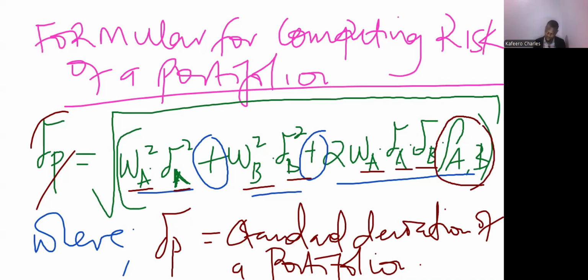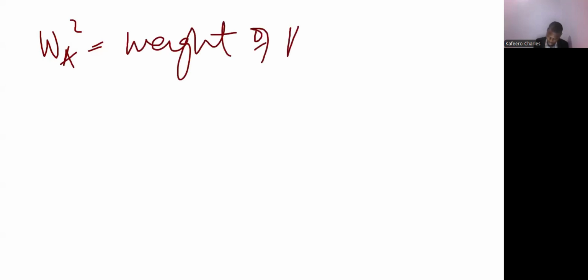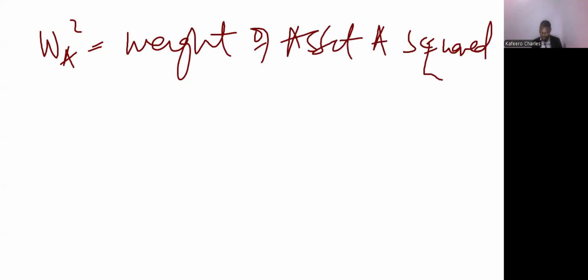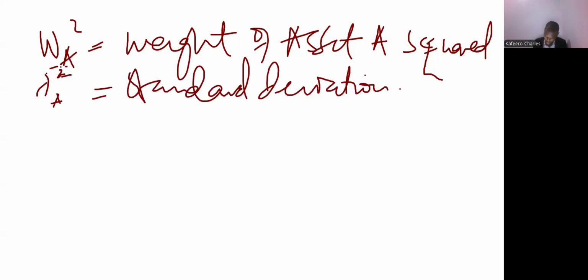So let's continue. This is weight A squared, which is actually the weight of asset A squared. Then this is the standard deviation of asset A squared.